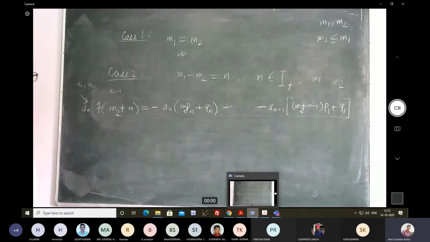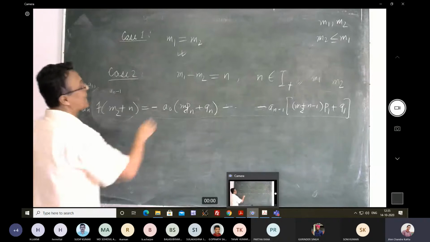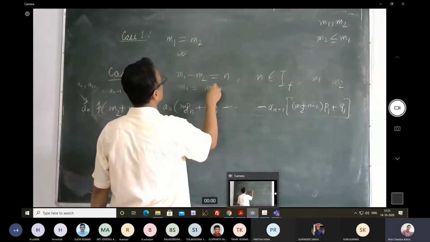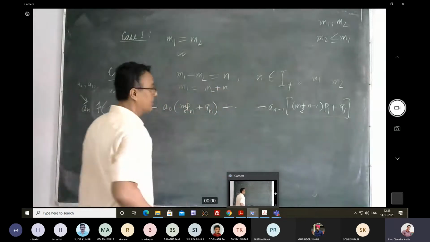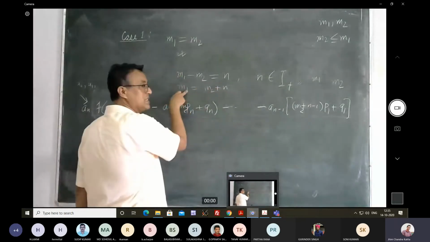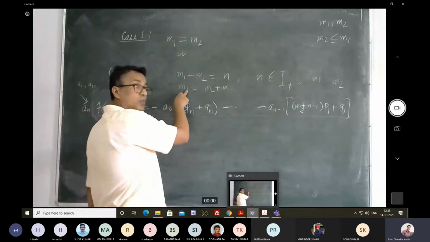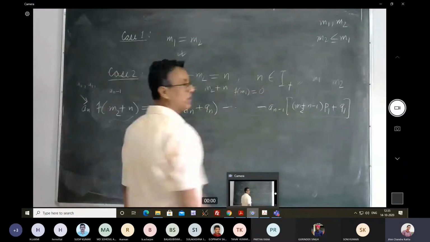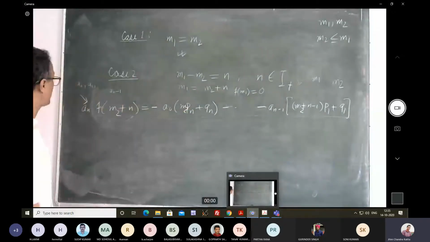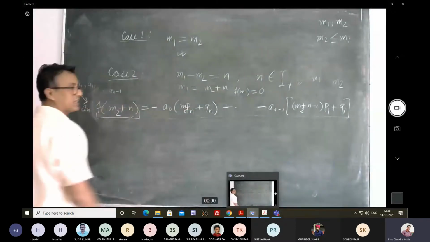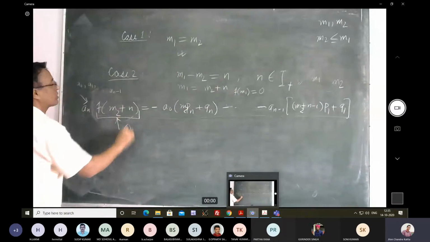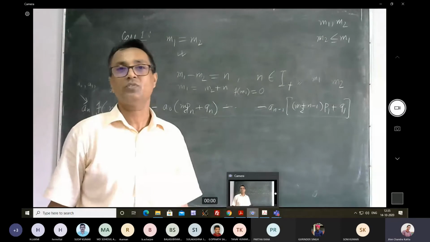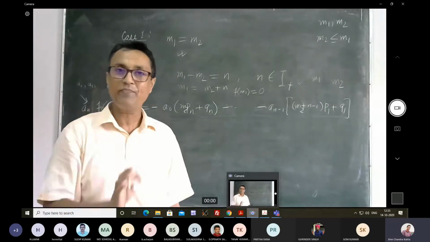So now, what is happening here? Because I am assuming that your m1 equal to your m2 plus n, and I already know that m1 being a root of the indicial equation, f of m1 is already equal to 0, definitely this term is going to give me 0. Whatever happens to the other terms, that is going to give me 0. Is it okay? Fine.